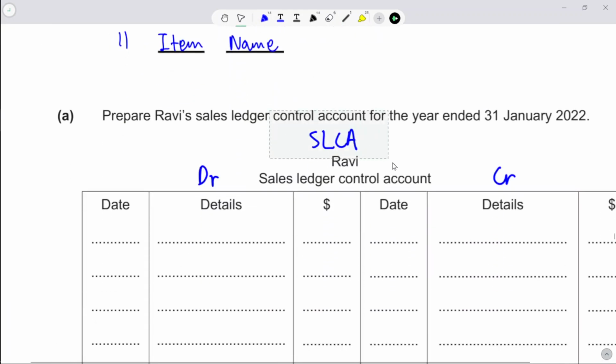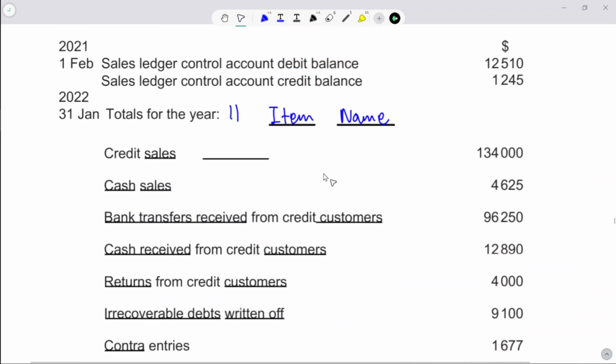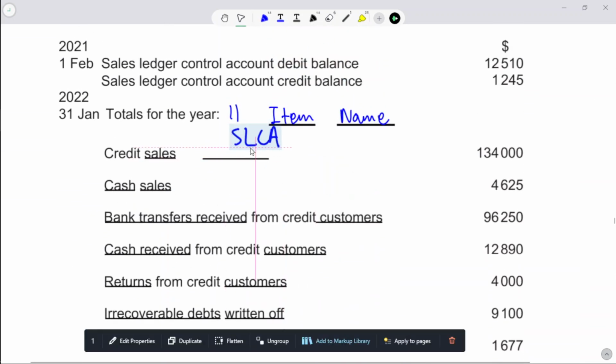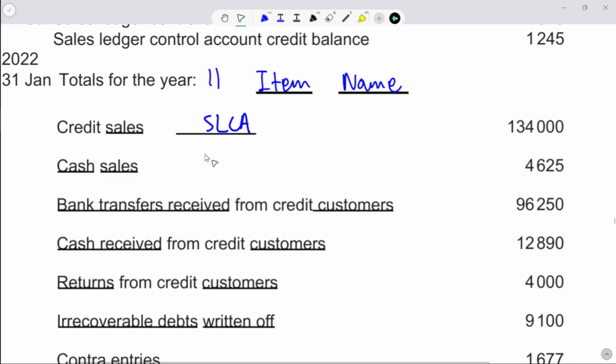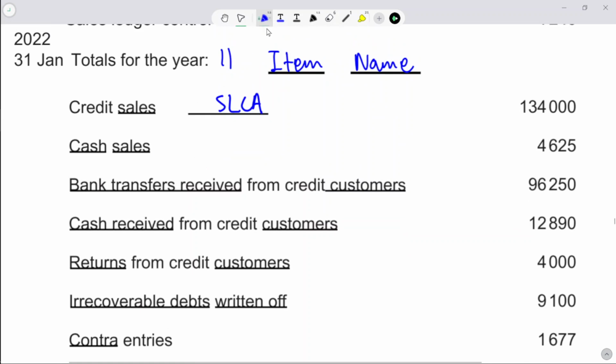Oh, we are doing SLCA. So the other line will be SLCA. So sales is credit sales. Let me copy it. So this one will be debit.